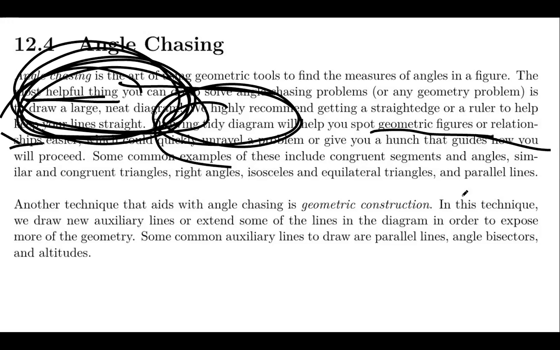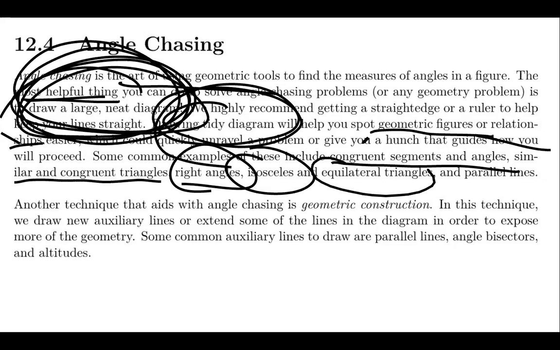And some of the things you might look for are congruent segments and angles, similar or congruent triangles, right angles, isosceles, equilateral triangles, and parallel lines. And one other thing that can help with angle tracing is geometric construction.